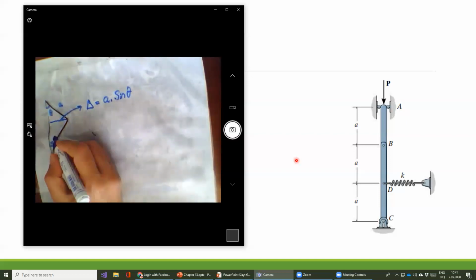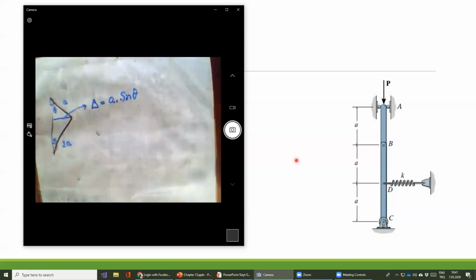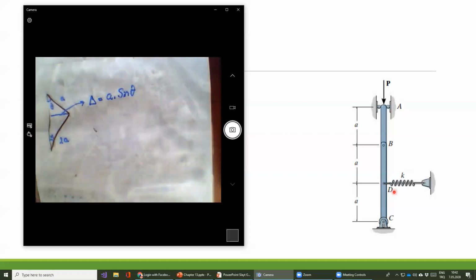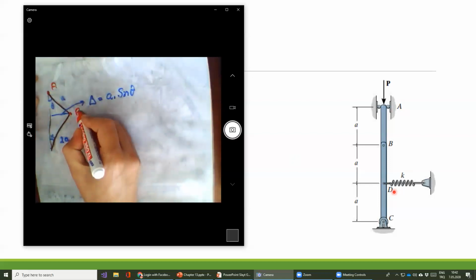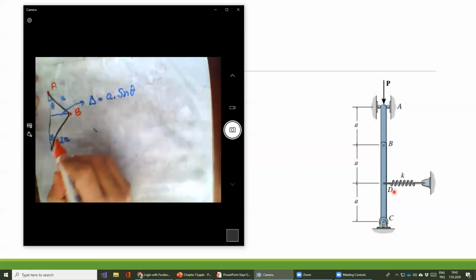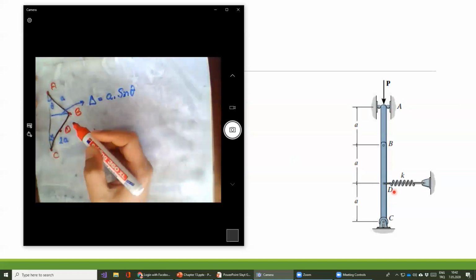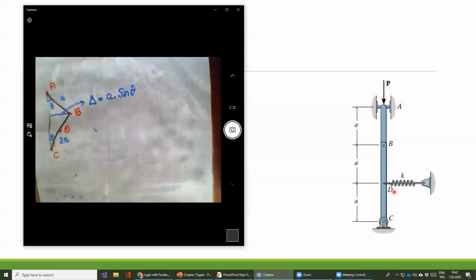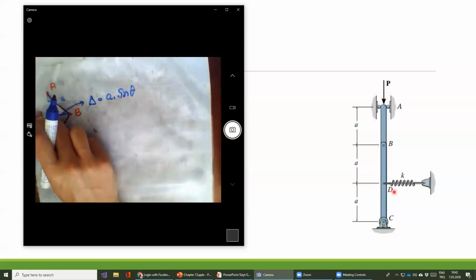And also, I can see in here there's a spring at the point. I also want to write the point names. This is point A, B, this is C, and this is D. Also, due to similarity of triangles, you can see this length should be half of this length.